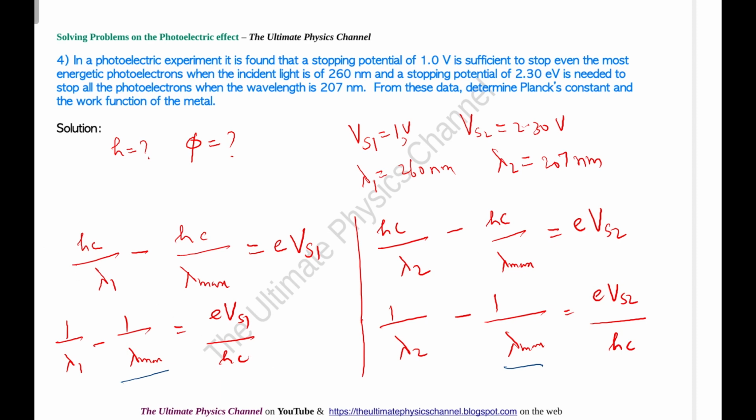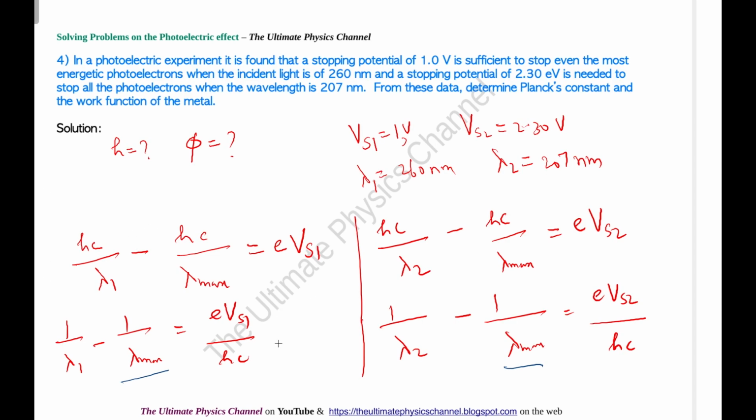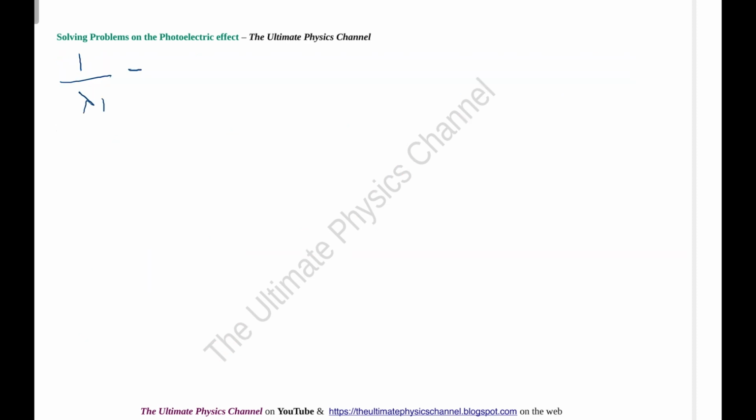That is done. Then what we have here is 1 over lambda 1 minus, the first case, e V S 1 over hc, is equal to 1 over lambda 2 minus e V S 2 over hc.